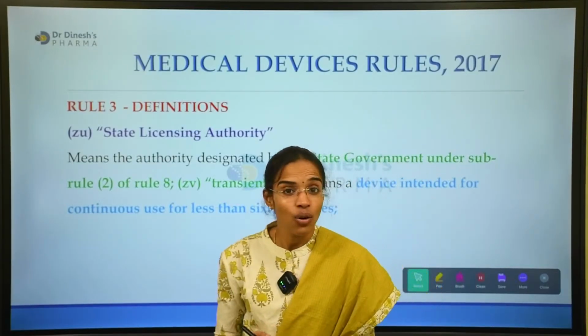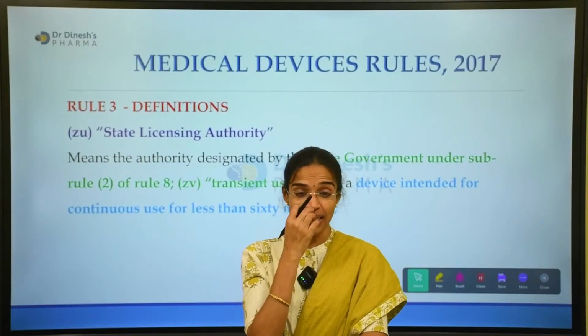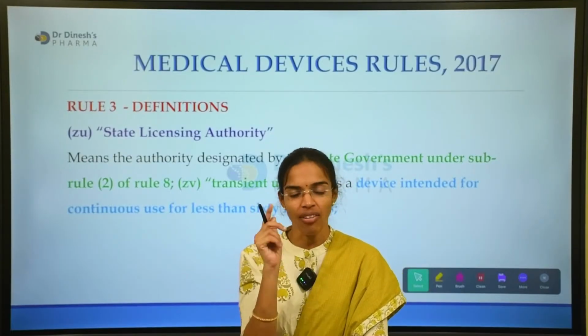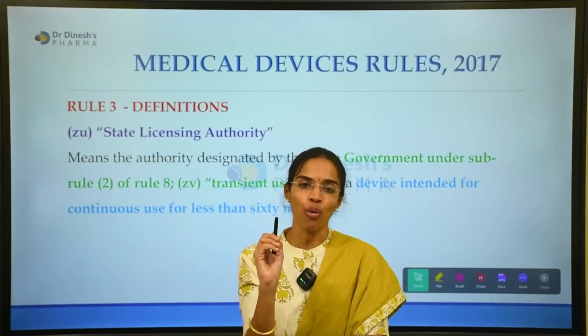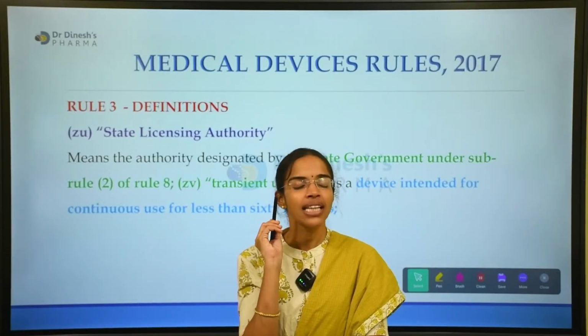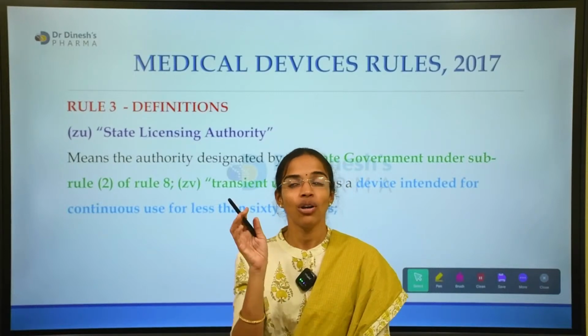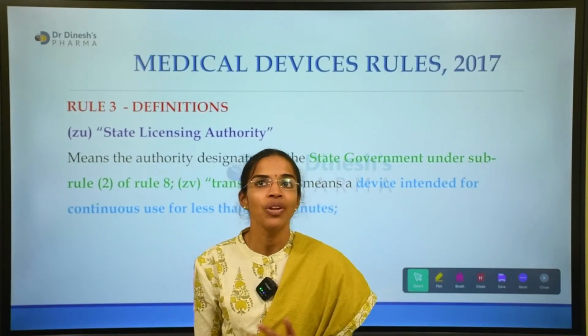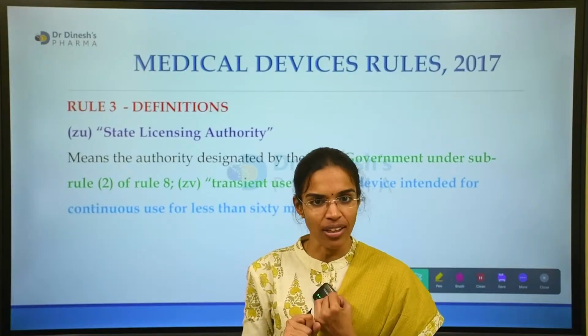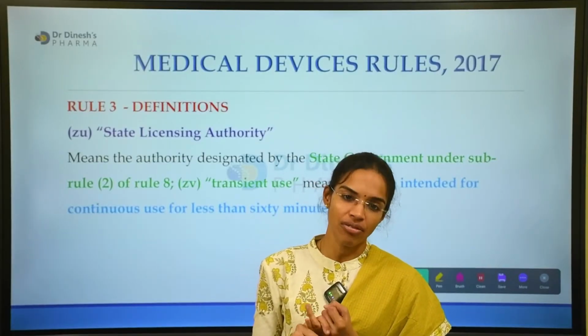We were discussing that not every device or component can be licensed by a state licensing authority. There are classifications where the state licensing authority functions and where the central licensing authority functions.